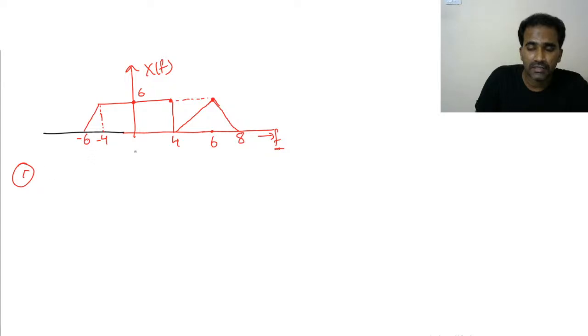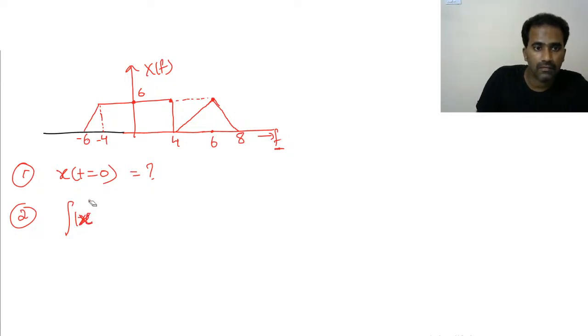Now the questions are the same as previously; I'm just writing them again. Find x of t at t equal to 0. Find the integration of mod x of t whole square dt, with limits from minus infinity to plus infinity.